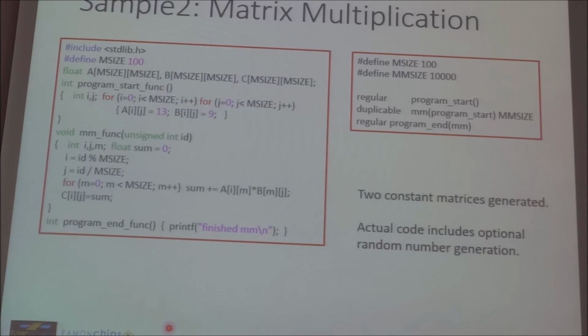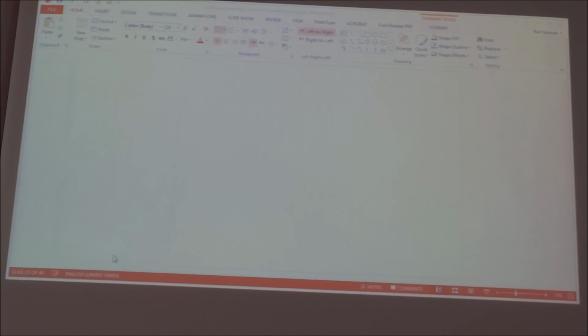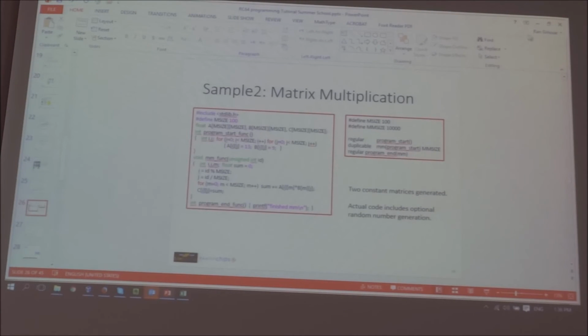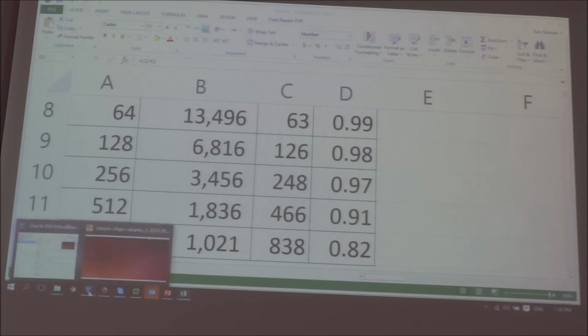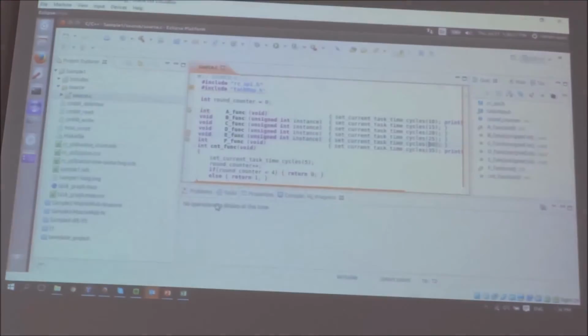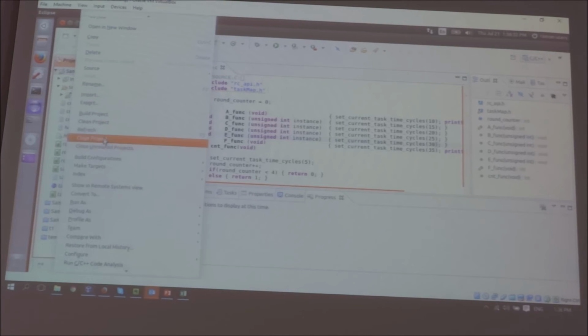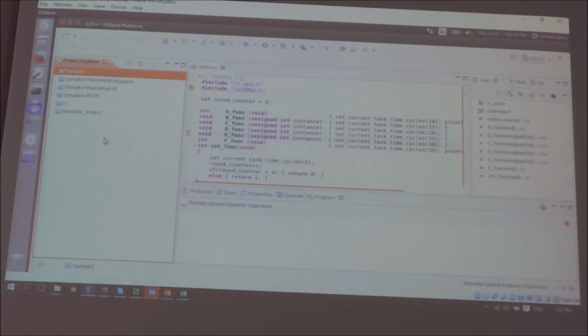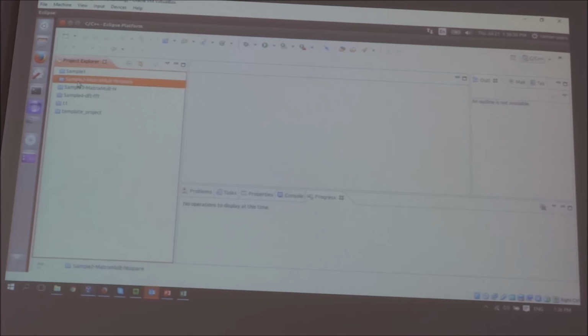So I'm looking at my code. Where is the virtual machine? Even right here. I'm closing sample 1 for cleanliness and opening sample 2. It's called matrix multiply with n square tasks.